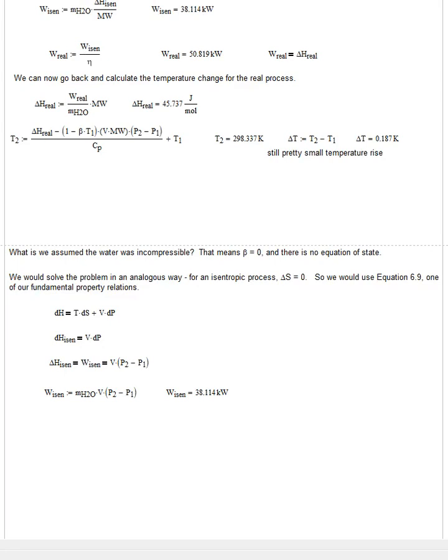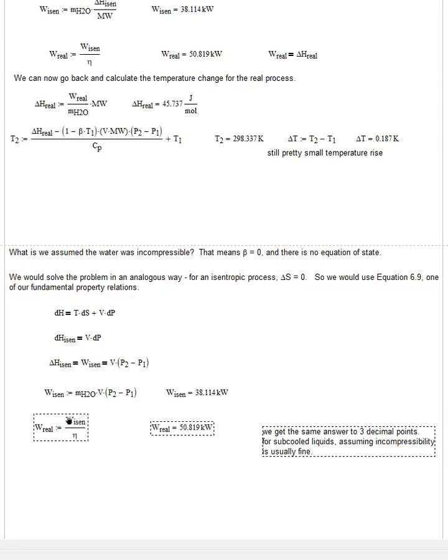We do the real work calculation where we divide through by the efficiency, and as you can expect, we get the same value for the actual work, for the real work. So this is a good illustration of the fact that for most subcooled liquids, when the pressure drop is not that large, you can pretty easily assume that you have incompressible fluids, that is, volume is constant.